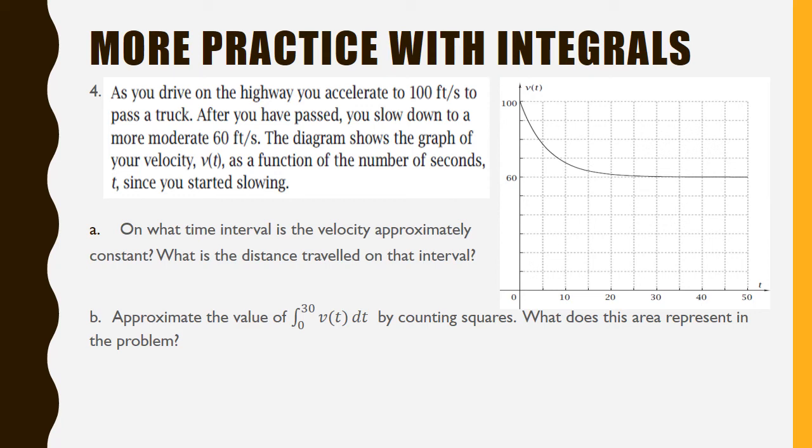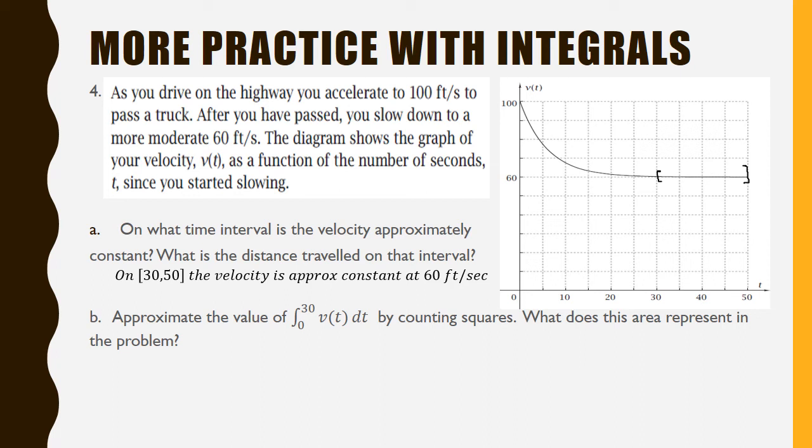I said that it looks like we get back to a constant velocity after about 30 seconds, so from 30 to 50. This interval right here is about where we're going 60 feet per second constantly. Before that, we're still decelerating from 100 back down to 60.